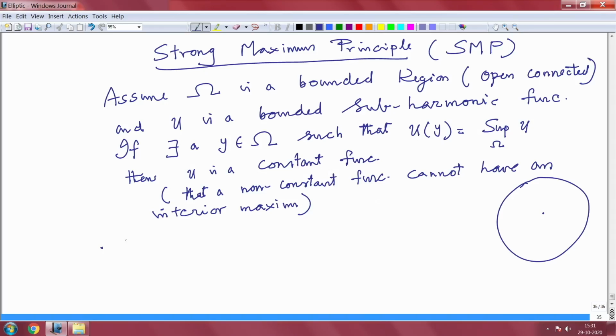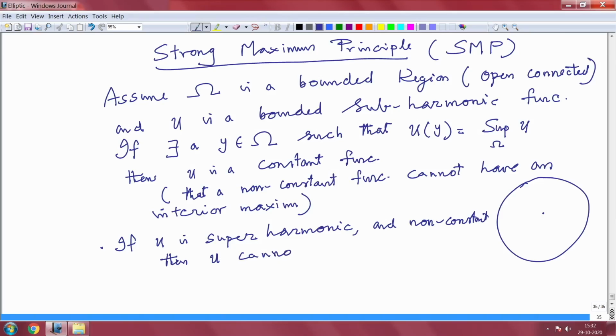So, if u is superharmonic, it is the other way result. If u is a non-constant superharmonic function, then you cannot have an interior minimum.